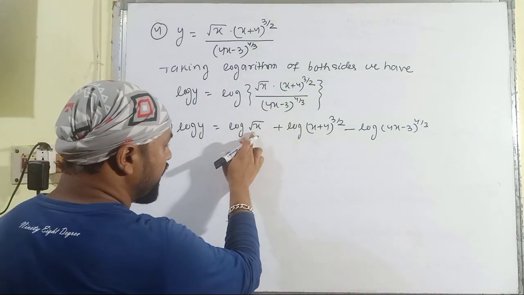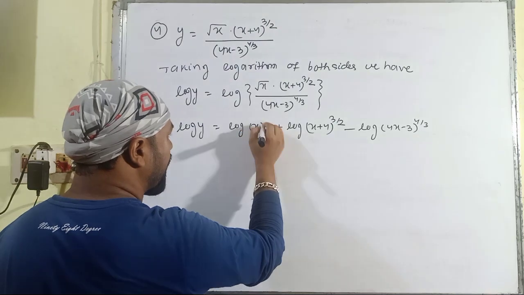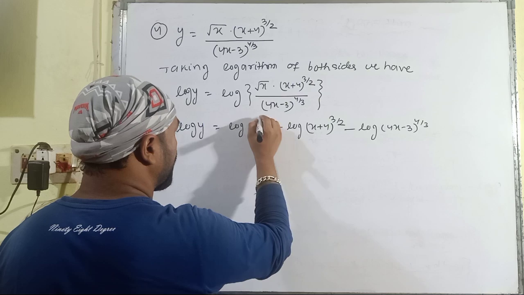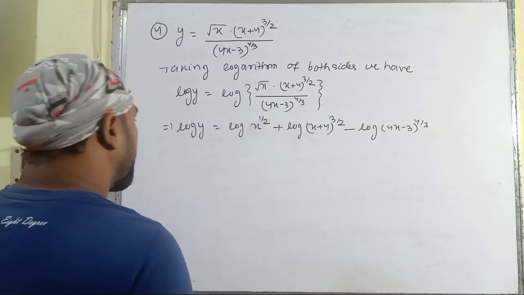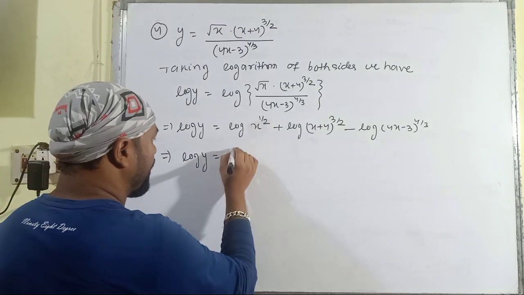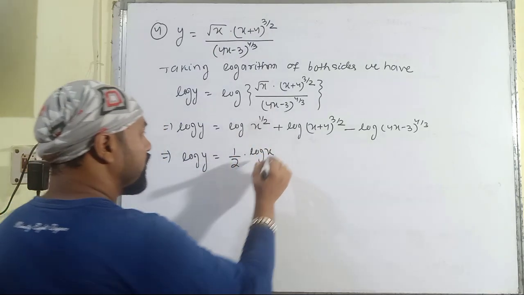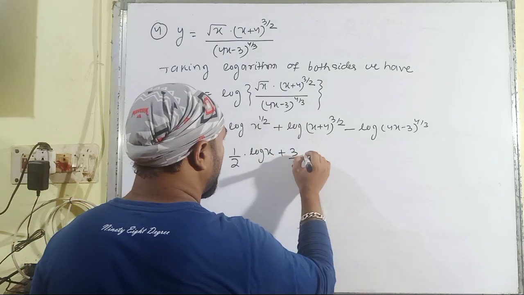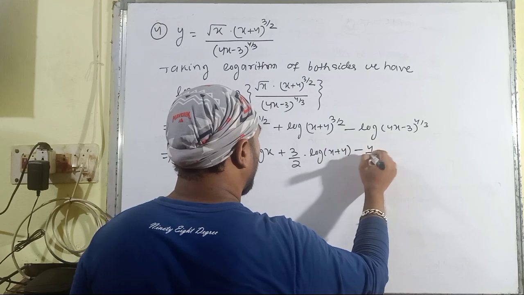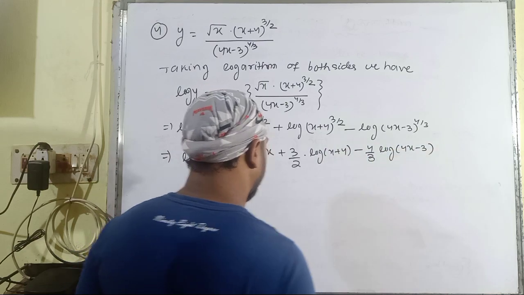But here in place of root x we can use x to the power 1/2. Then again by applying the properties of logarithm, we have half multiplied with log x + 3/2 multiplied with log(x+4) - 4/3 multiplied with log(4x-3).